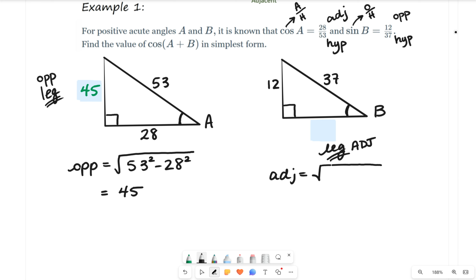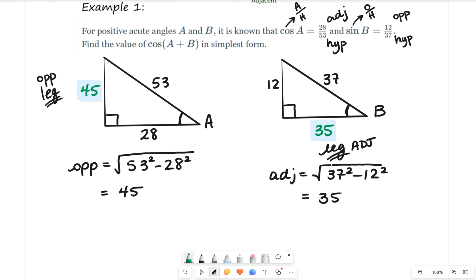Again, we start with our hypotenuse squared minus the other leg that was given to us. When you put it into your calculator to speed up the process, you get a length of 35. So 35 is what I'm going to put.